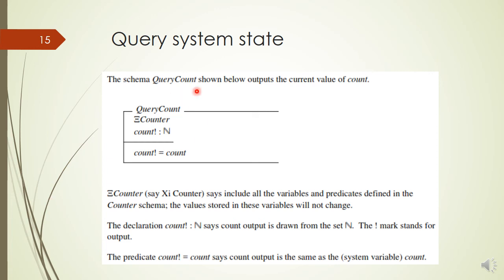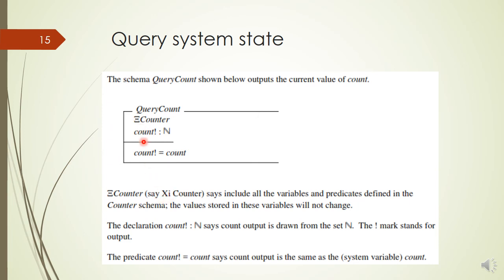Now we have an operation with the name query count, and we want to read the current value of count in a system, and such operations are represented in an operation schema with the symbol psi.